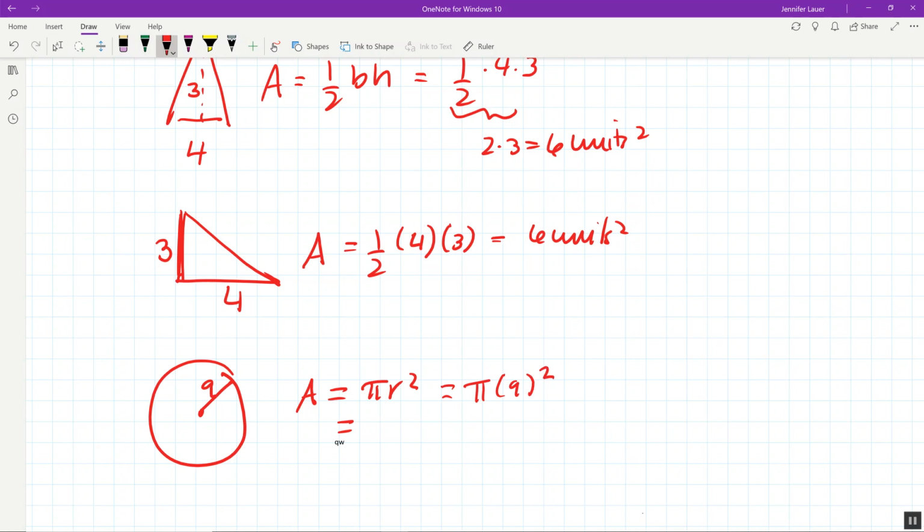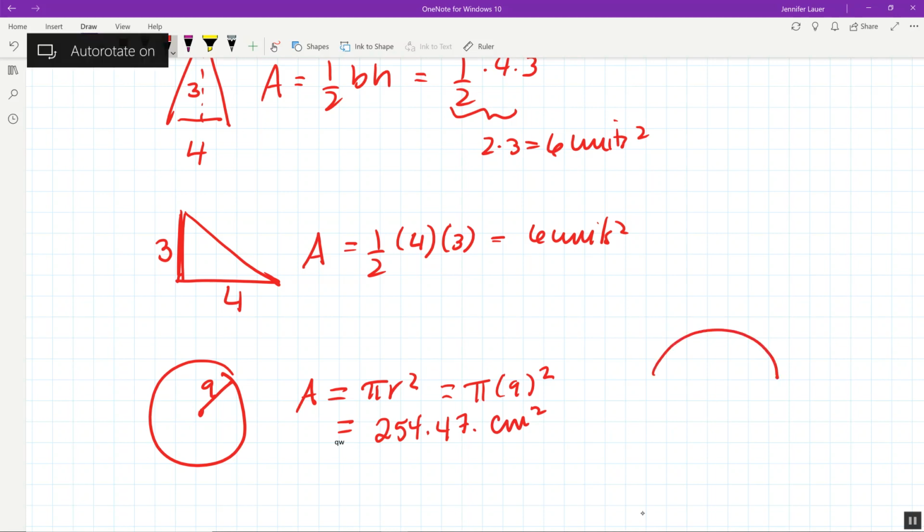So we are going to say 9 times 9 times pi. So this is 254.47 centimeters squared. If you're dealing with centimeters, it would be units squared.